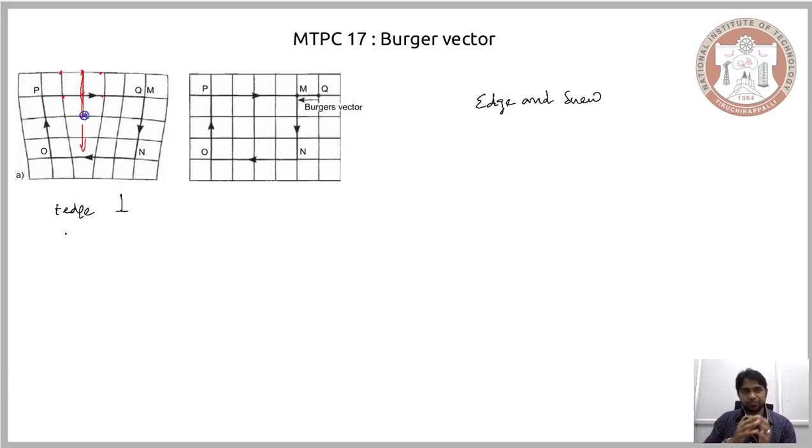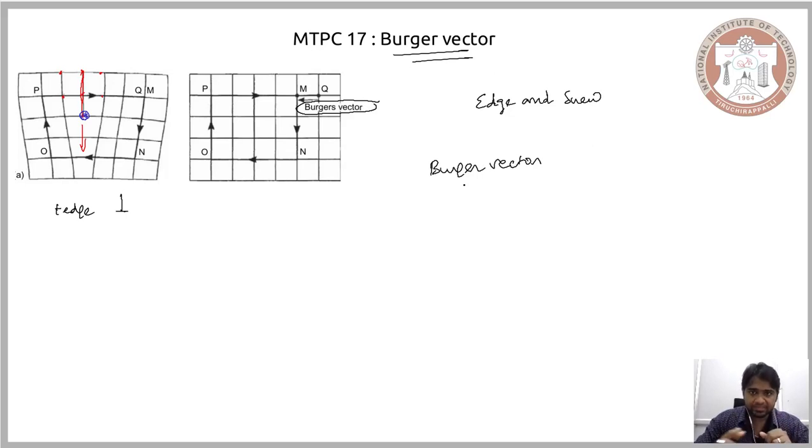Towards the end of the lecture, we introduced a parameter that helped us quantify the amount of distortion brought about by the dislocation. This particular parameter we refer to as the Burgers vector. This is the vector that helps us quantify the distortion that is introduced by the dislocation.